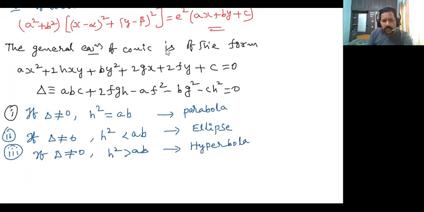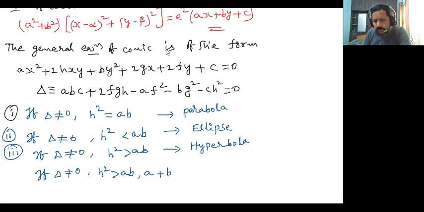Next, if delta not equal to 0, h square greater than ab and a plus b is equal to 0, it is representing a rectangular hyperbola.